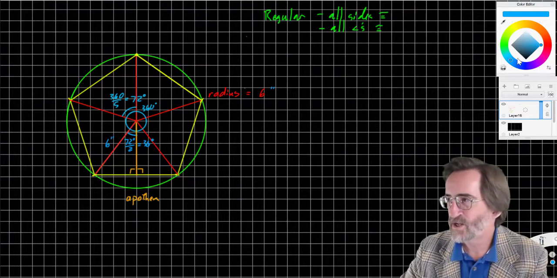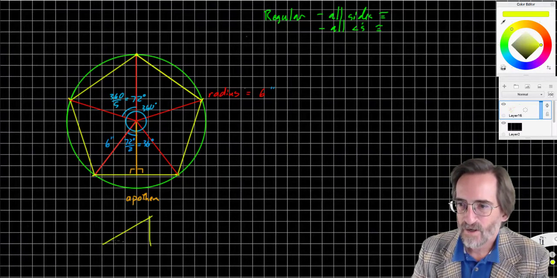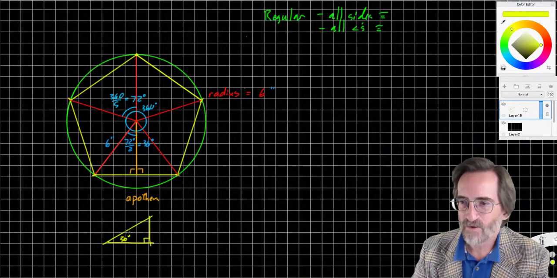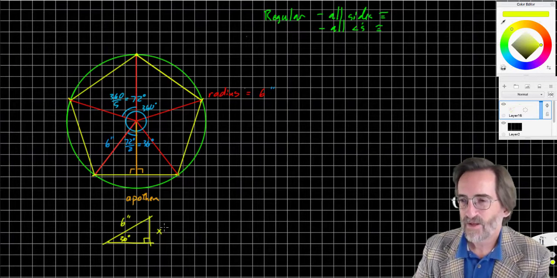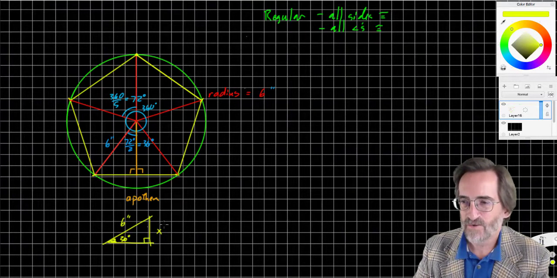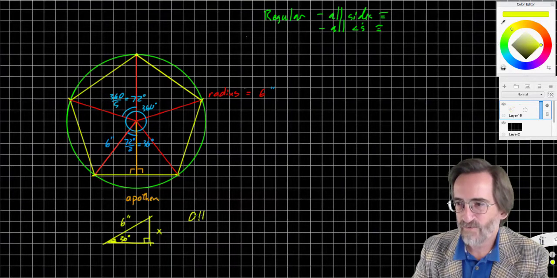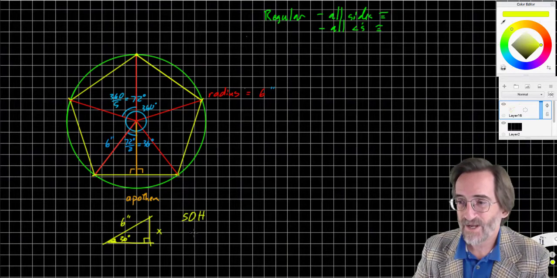I'm just going to resketch this triangle down below here. We've got a 36 degree angle, a 90-degree angle, a side that's 6 inches, and I want to find the two missing sides. So I'm going to call this x. Well, if this is the reference angle, that is opposite x over hypotenuse 6. Opposite over hypotenuse, if you think of SOHCAHTOA, is sine.